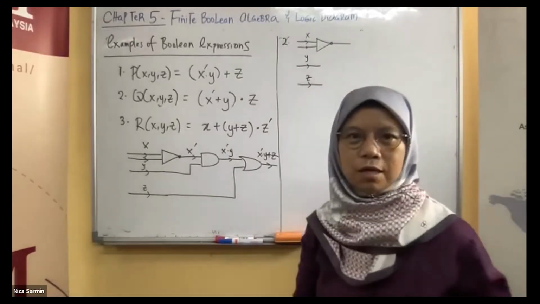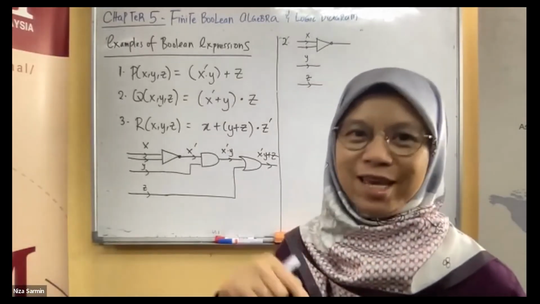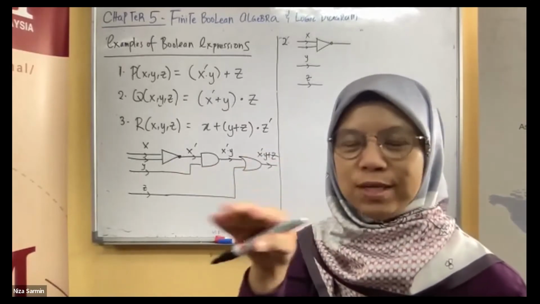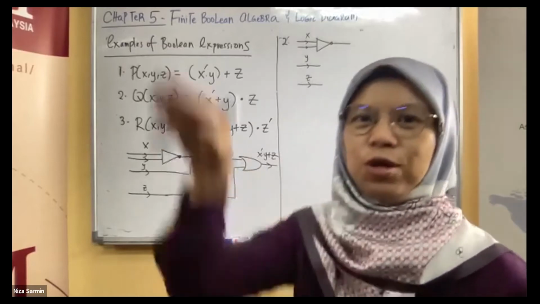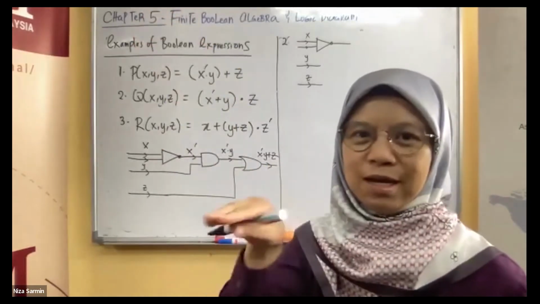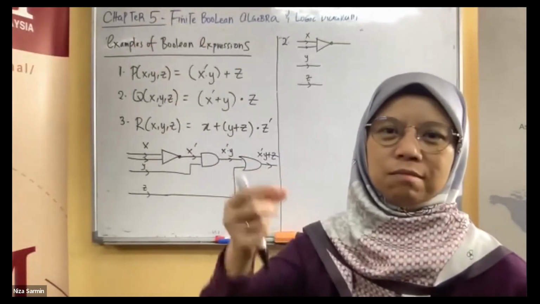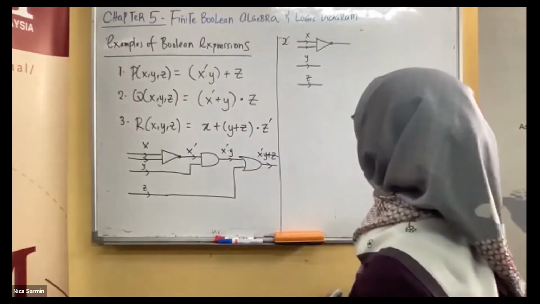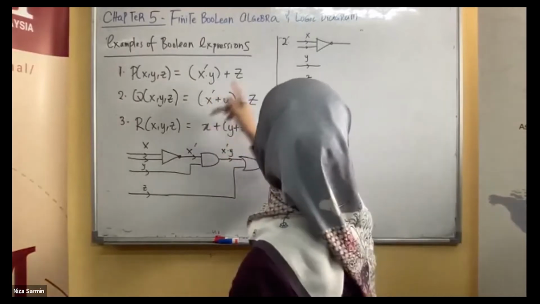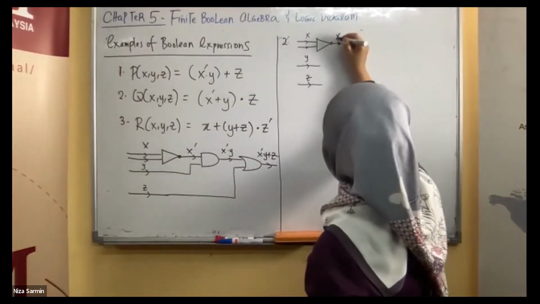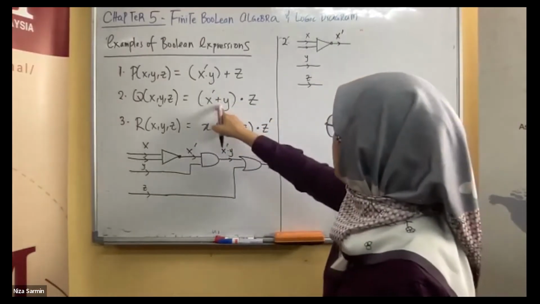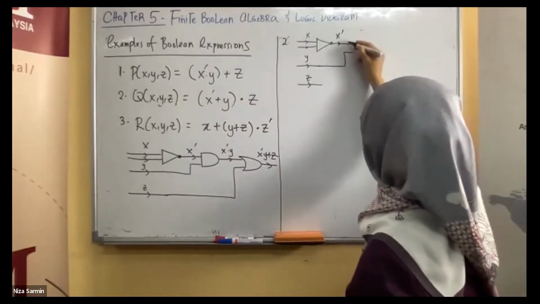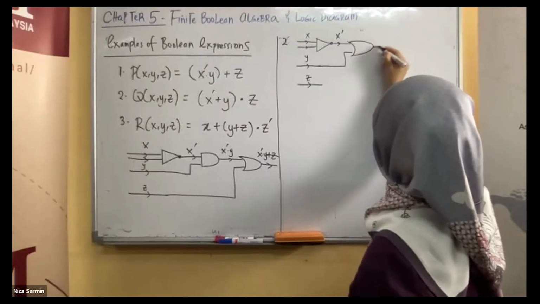Sometimes I was asked, can we put x, z, y? Okay. If you always put x, y, z, then z you can go up, right? But I normally will put x, y, z to be consistent. All right, and now you have to do x prime. This is x prime. Then you have to do plus y. So you bring the y closer like this, and then you do straight.